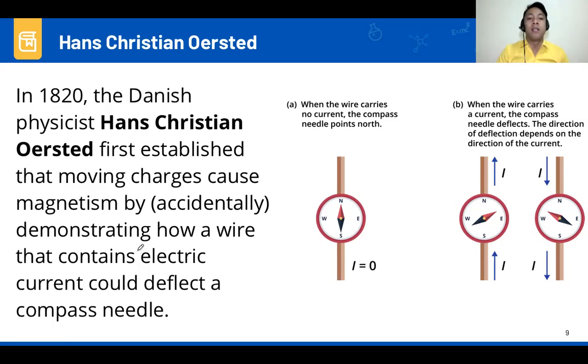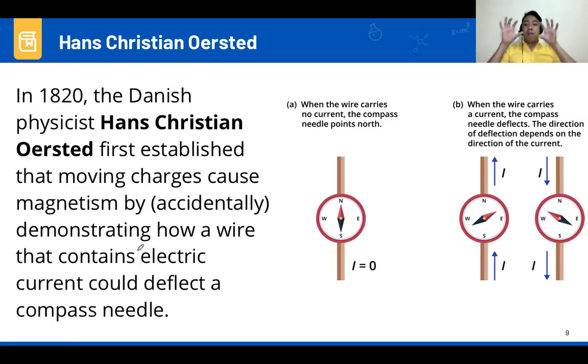Ørsted demonstrated how a wire that contains electric current could deflect a compass needle.